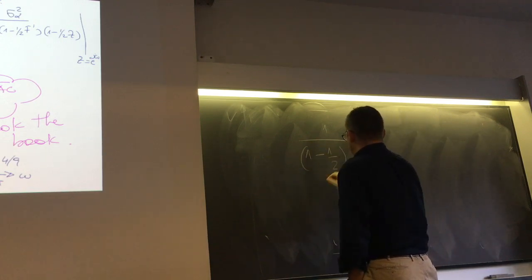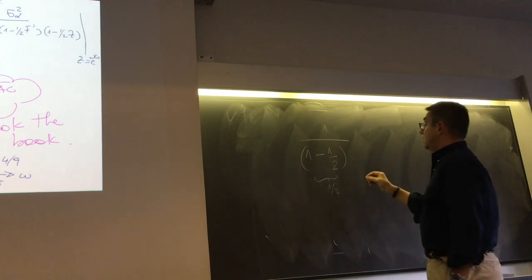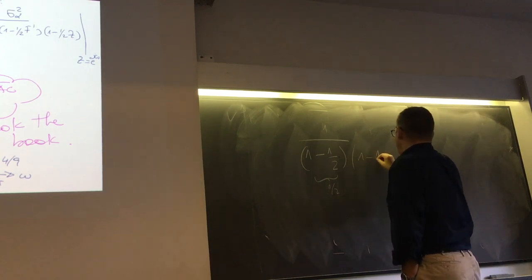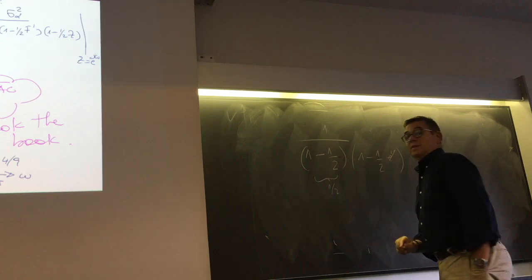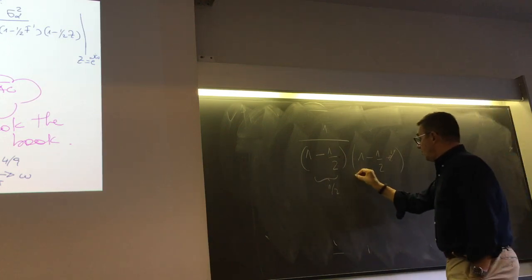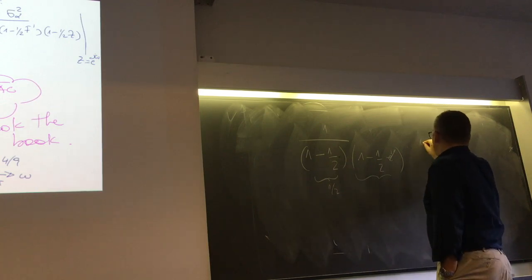So that one is 1/2. Then you make the other: 1 minus 1/2 times e to the j0, which is 1. So that one is 1/2 to the square. Okay? This is for omega equals 0.